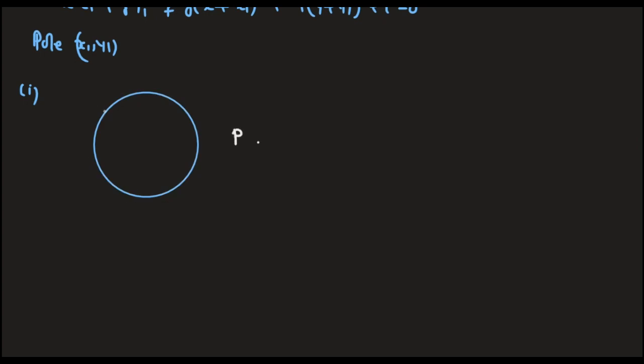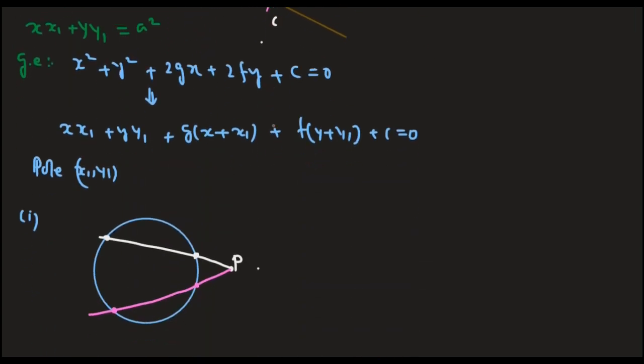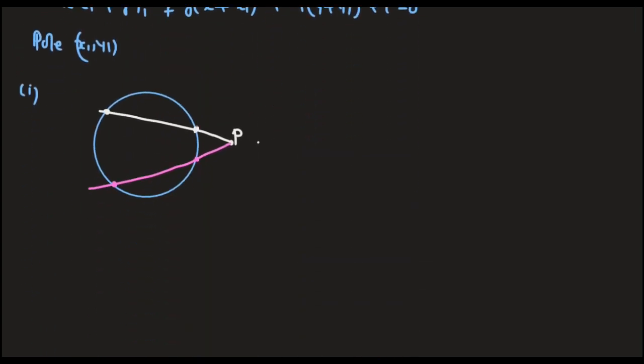We draw one line through the point P, then we will get the tangents here like that. Again from the point P we draw another line which intersects our circle like this and this. Here and here if you draw the tangents, we obtain the previous diagram. Our polar lies inside the circle.